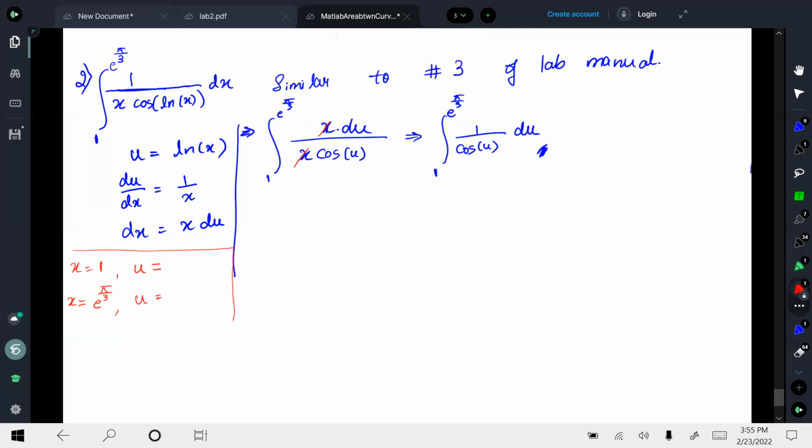Okay, I didn't get any answer. So ln of 1 is 0, right? Now, when x equal to e to the power of pi by 3, what do you think will be u?